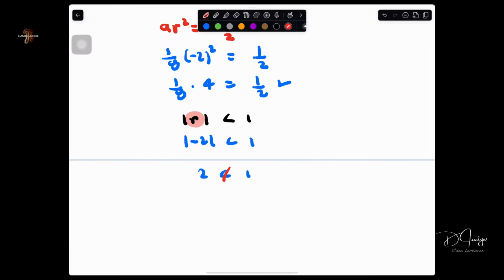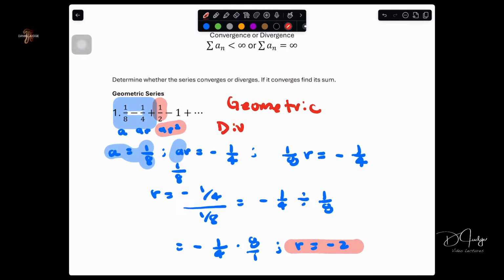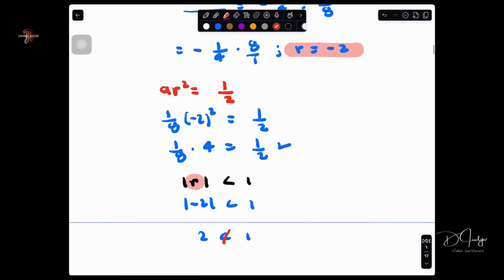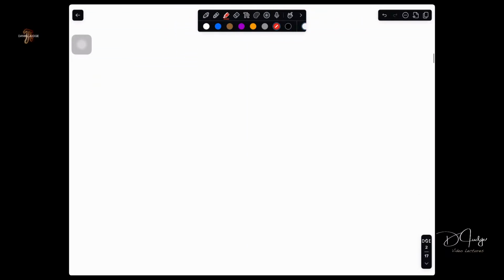So this is a case where the geometric series diverges. So we have a divergent geometric series for question 1. That's divergent because R is negative 2. So we have to check this criteria here.